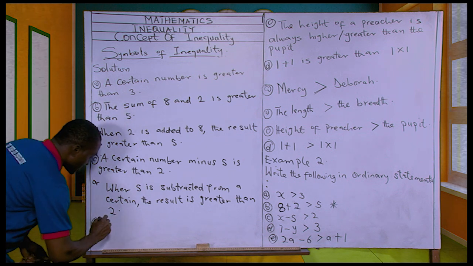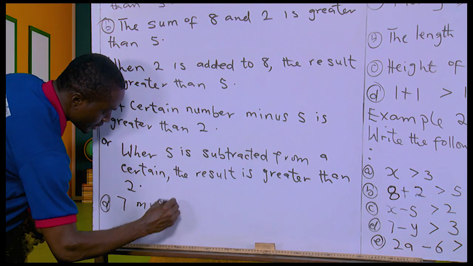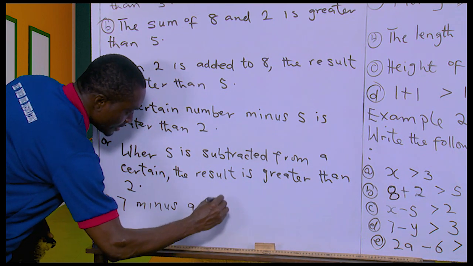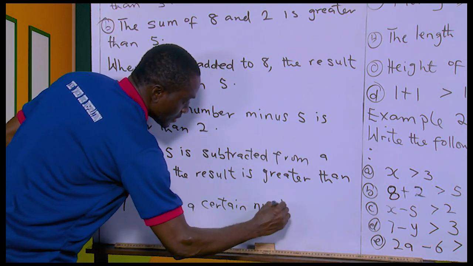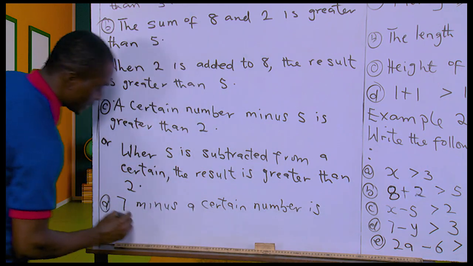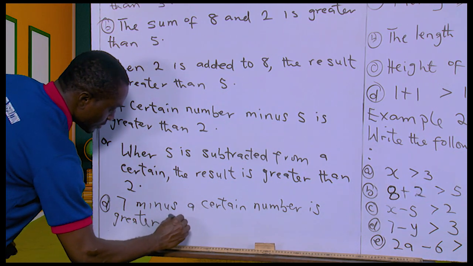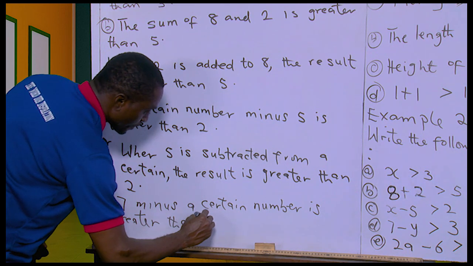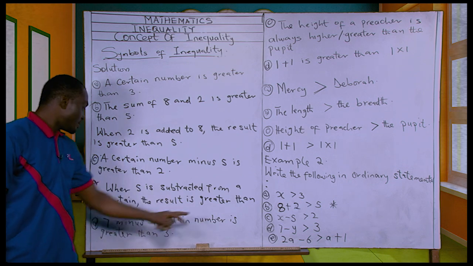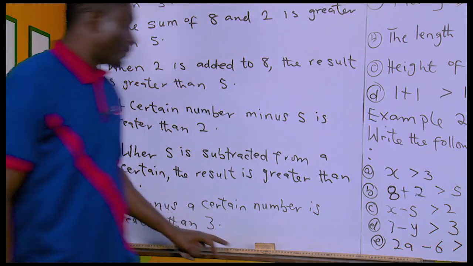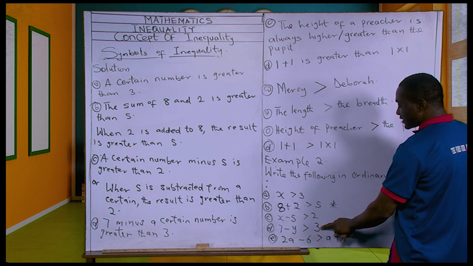So that will now be: 7 minus a certain number is greater than 3.